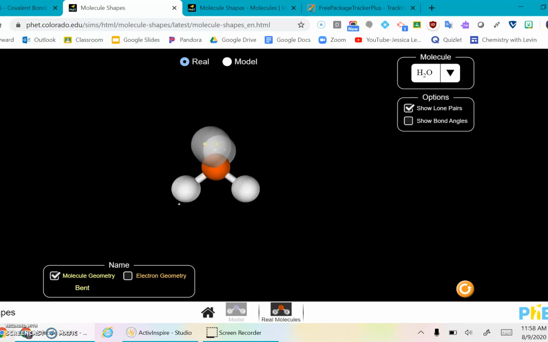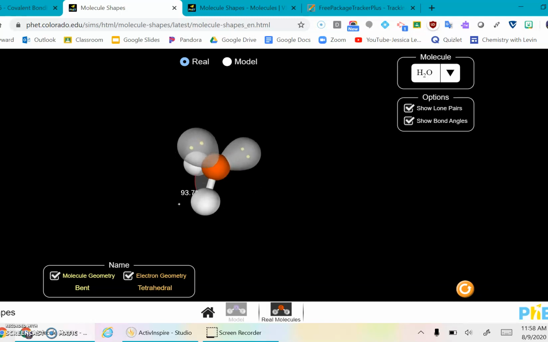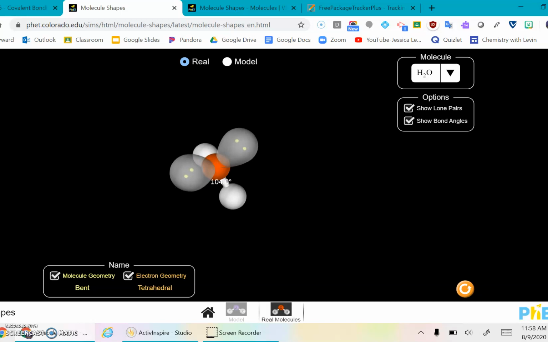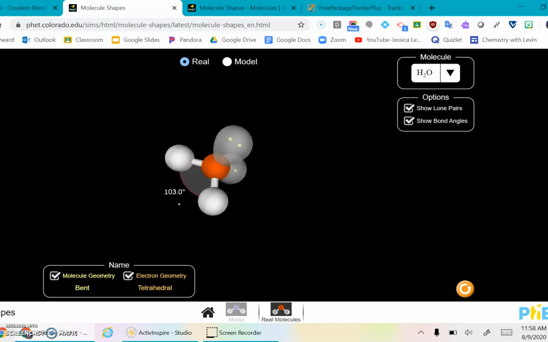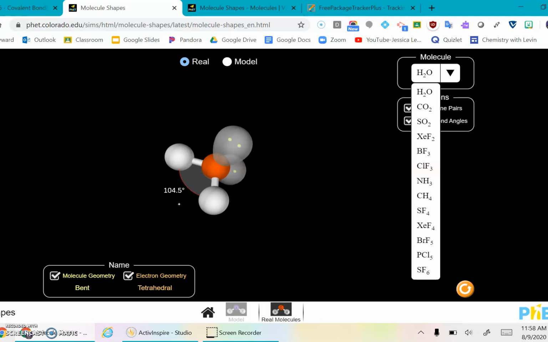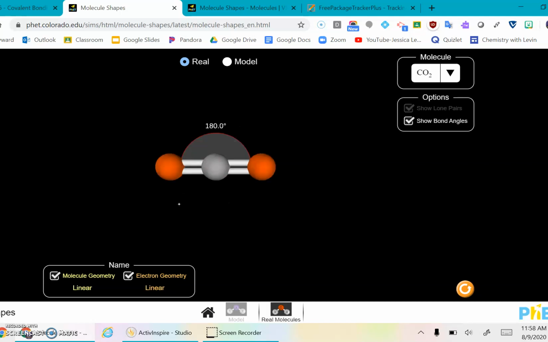So here is our water, with that 104.5 bond angle here. Here is our image that looks like it is linear, but it is most definitely not. It is bent like so. And then you can do your carbon dioxide and see your linear 180 here.